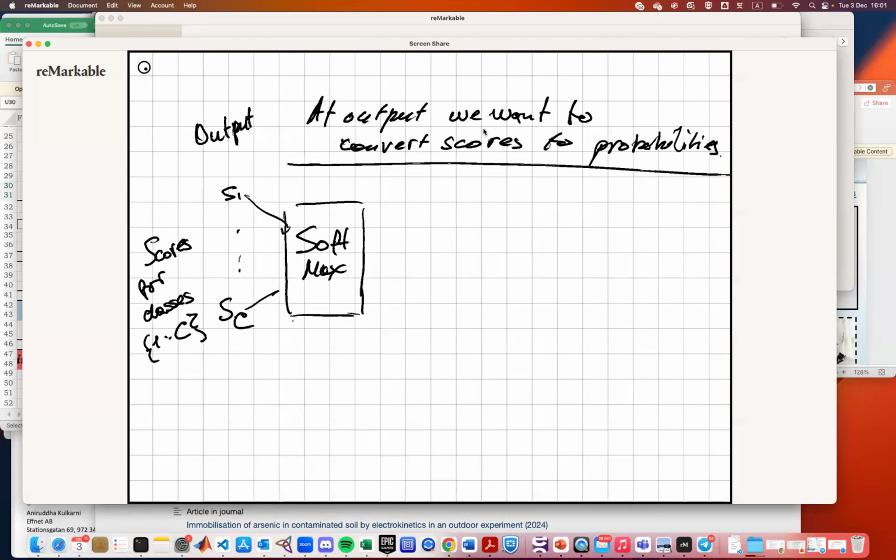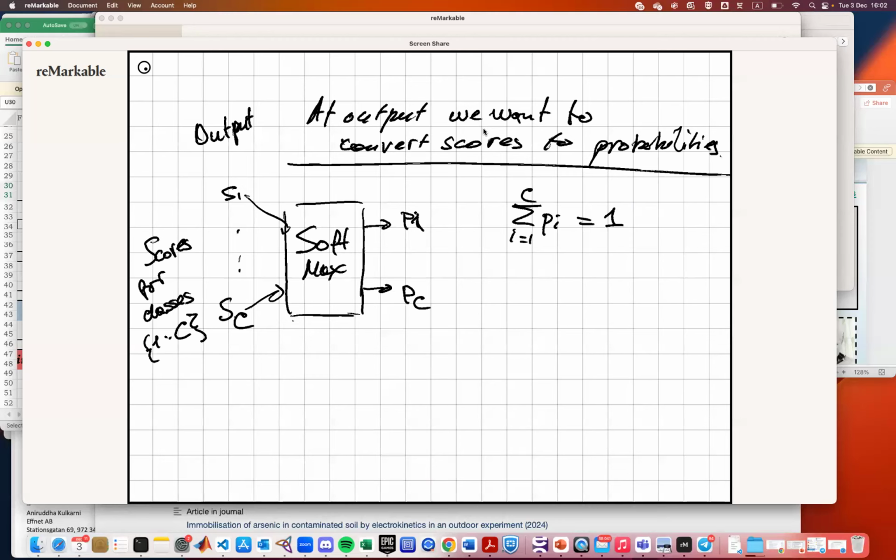You pass them through this box, and you get the normalized version. We denote them as p_1 to p_C. The normalization is such that the sum of p_i, i equals 1 to C, equals 1. That's what allows you to treat this output as probabilities, because they sum up to 1.